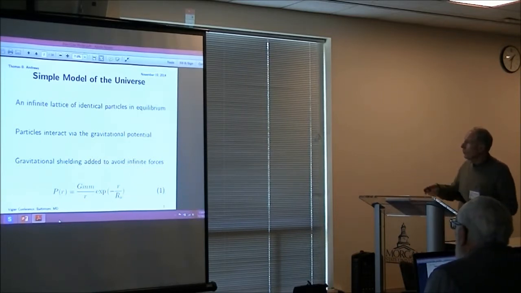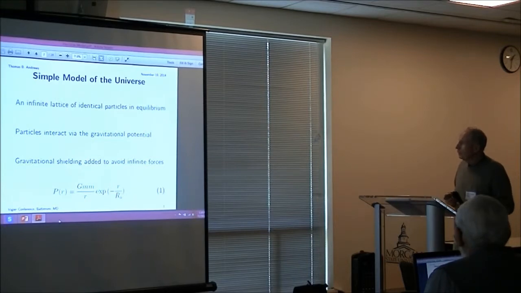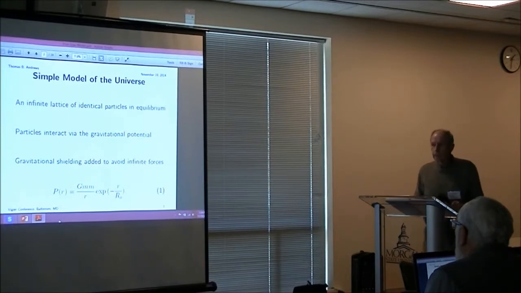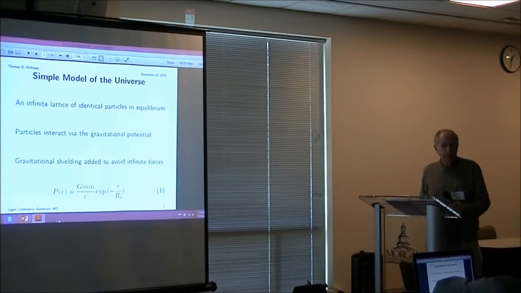So I'm going to first discuss the assumption of equilibrium. I think the best argument for an equilibrium solution of the universe is the constancy of the fundamental constants and the laws of physics. These are observed to be constant over periods of 10 billion years and over large distances.